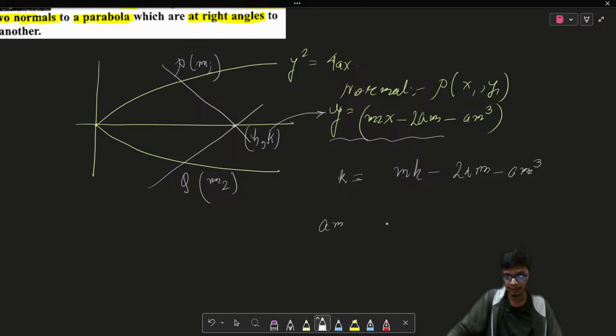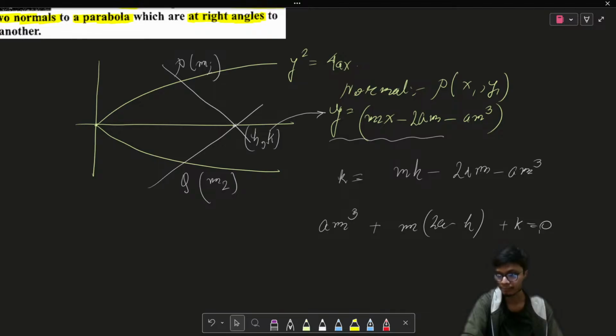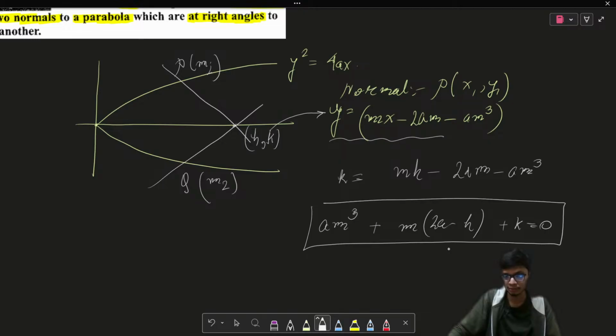And from here I will get am cube + m(2a - h) + k = 0. Since this is a cubic equation, what I can understand is that for a normal passing through a point h comma k, there can be three possible normals.